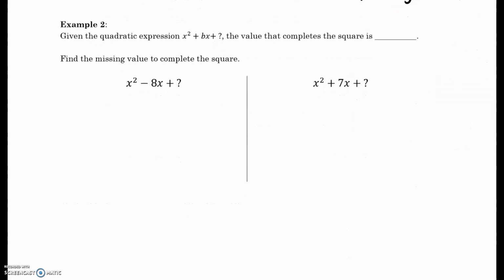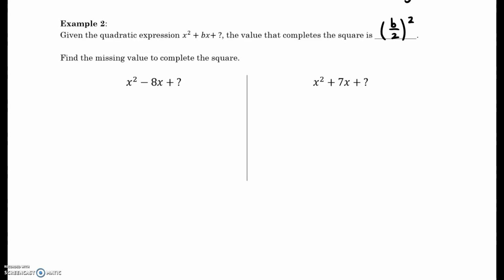So, given the quadratic expression x squared plus bx plus question mark, to find that question mark value, we are going to use the equation (b over 2) squared. That will give us the value c to complete this square.